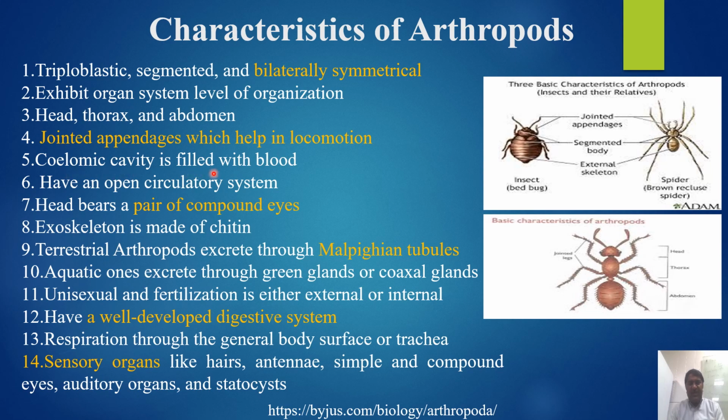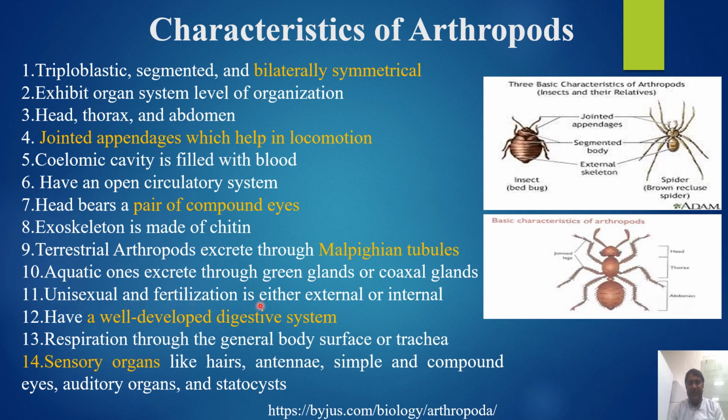The coelomic cavity is filled with blood. They have an open circulatory system. The head bears a pair of compound eyes. The exoskeleton is made up of chitin, and terrestrial arthropods excrete through Malpighian tubules. Aquatic ones excrete through the green glands or coxal glands.